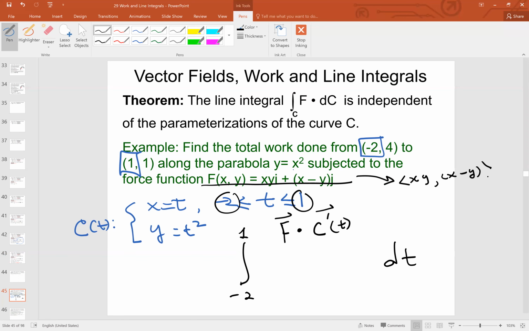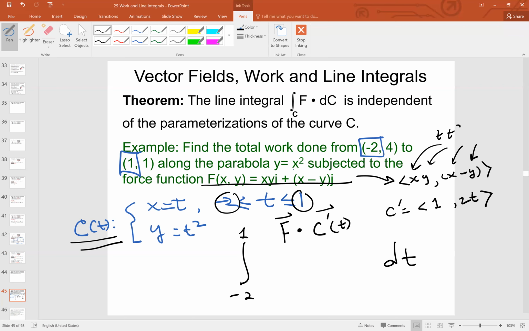Okay. And what's C prime? C prime is already in t, so C prime is going to be 1, t. So I'm going to dot this, but I don't want x, y, I want everything back in t.